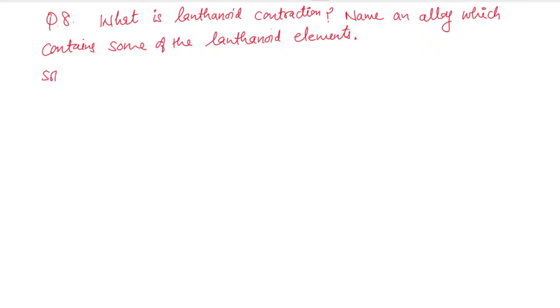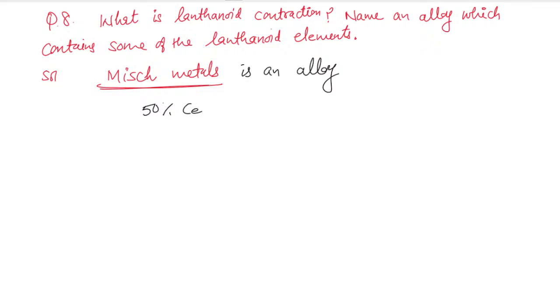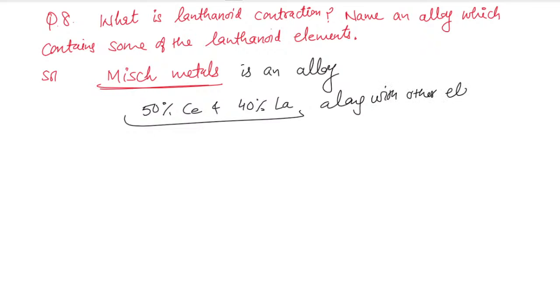Wow, very good beta. Mixed metal. Mixed metal is an alloy. It contains around 50% cerium and 40% lanthanum, along with other elements. Okay, good.